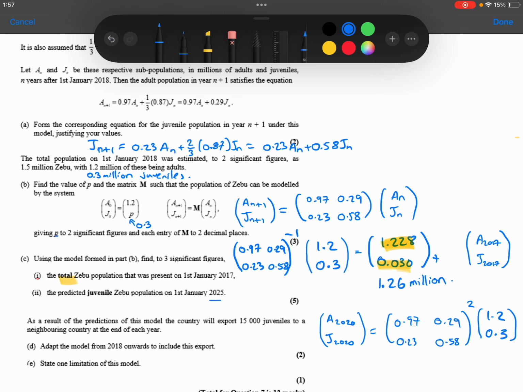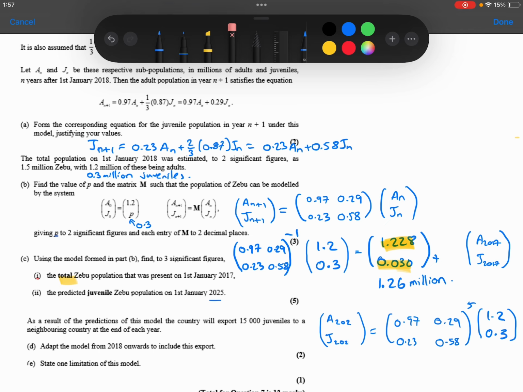Because multiplying once would give me the 2019 values, multiplying twice will give me the 2020 values. Similarly, if I wanted it in 2021, I could just take my original 2018 matrix and multiply it by my matrix M cubed. 2022, multiply again to be power 4. 2023, multiply one more time to get the power 5 now.